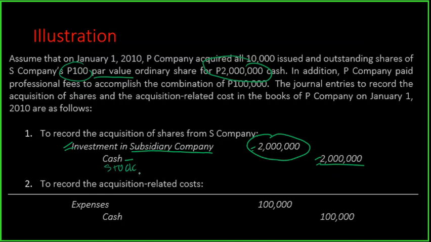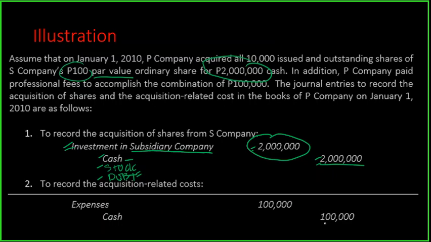If that's the case, you're going to record the expenses as a reduction to your share capital. If that's not enough, it will become expense. Although in some books, if I remember it right, it can be charged to retained earnings. Also, if aside from cash or stocks you issue debt securities, all directly related expenses pertaining to the issuance of a debt security will be debited to your bond issue cost.